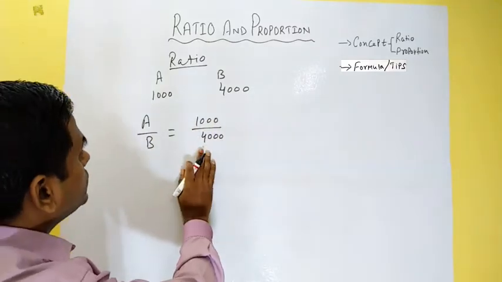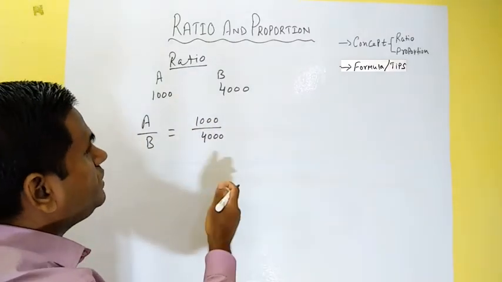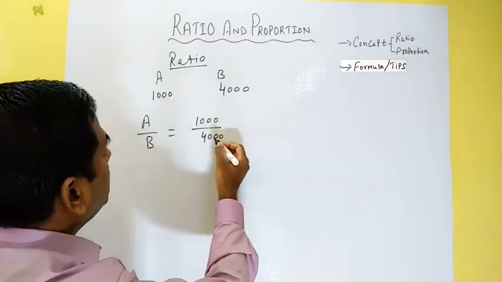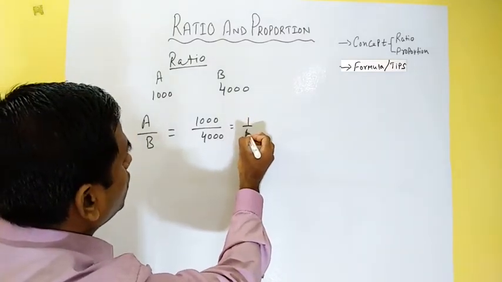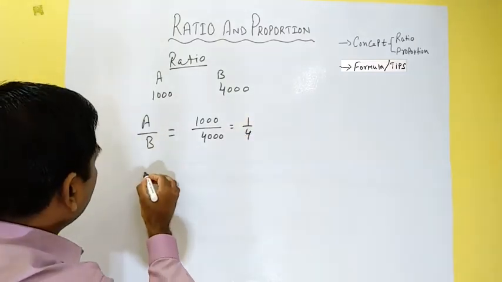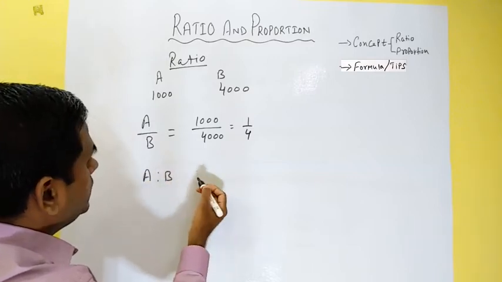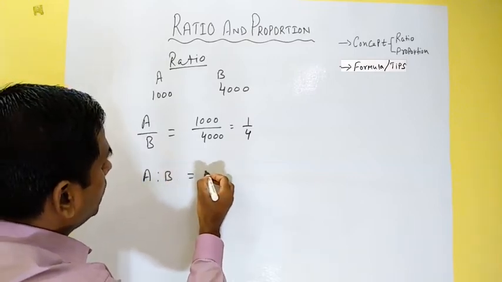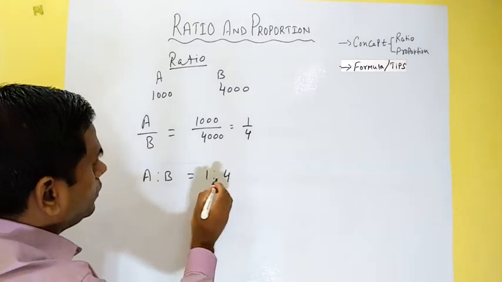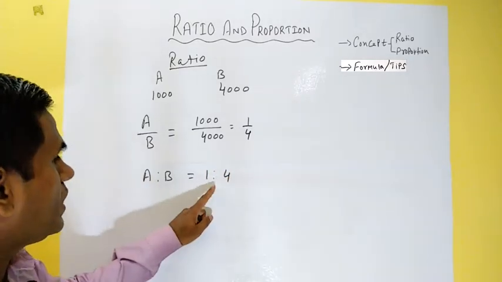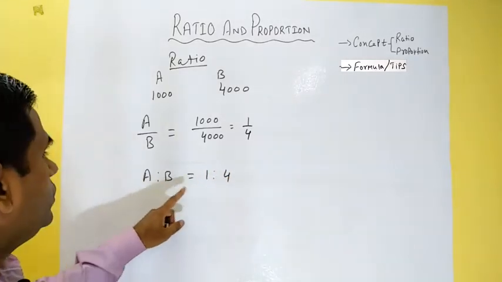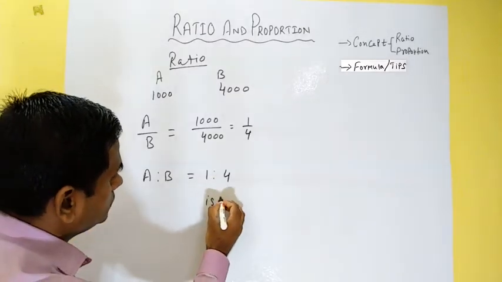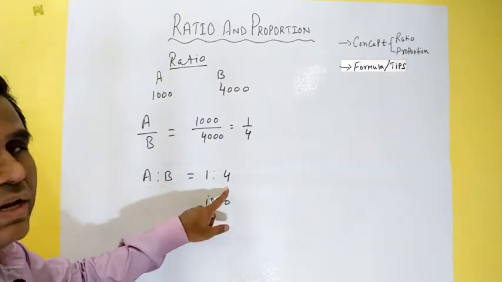So this is called a fraction, but when we simplify this, we can write it as 1 upon 4, which can also be written as A is to B equal to 1 is to 4. So these two dots are called "is to", and this is the ratio.